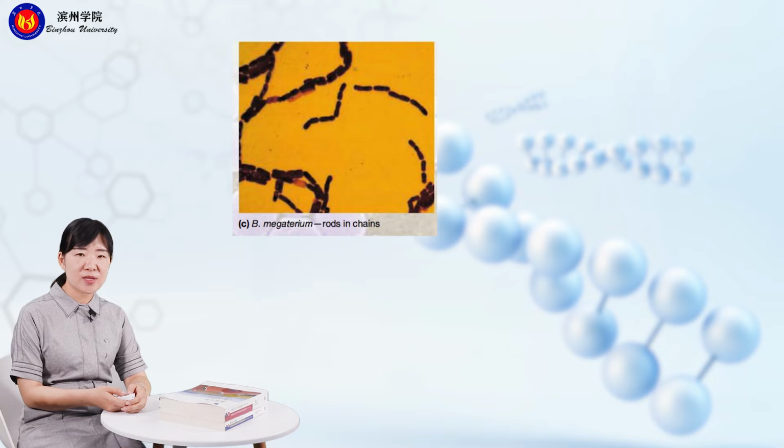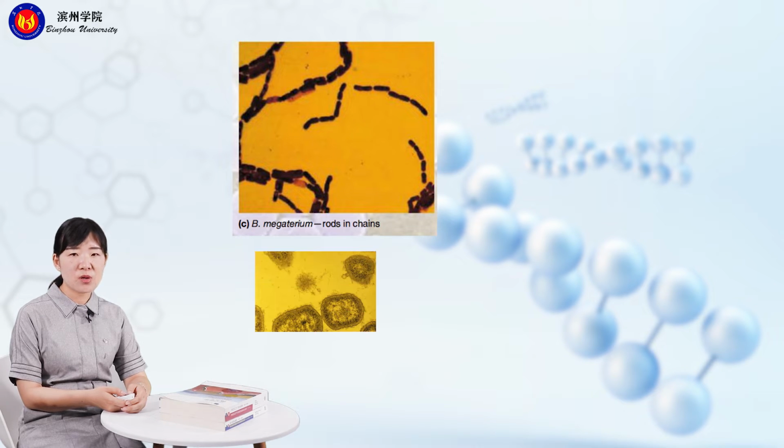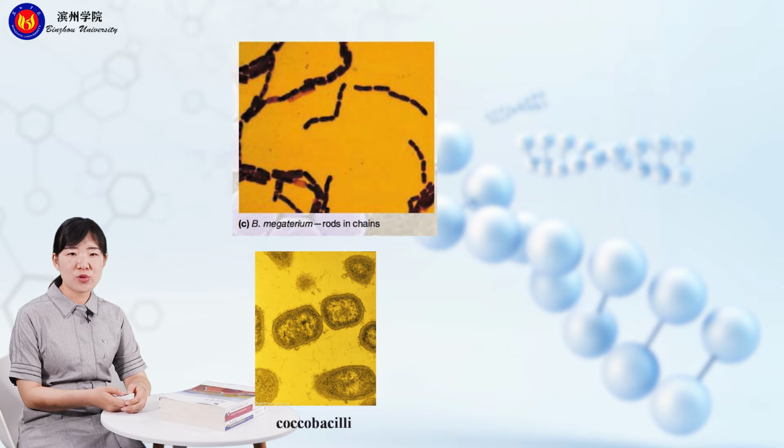Bacillus is an example of a bacterium with a rod shape. See the figure. Rods, sometimes called bacilli, differ considerably in their length to width ratio, the coccobacilli being so short and wide that they resemble cocci.